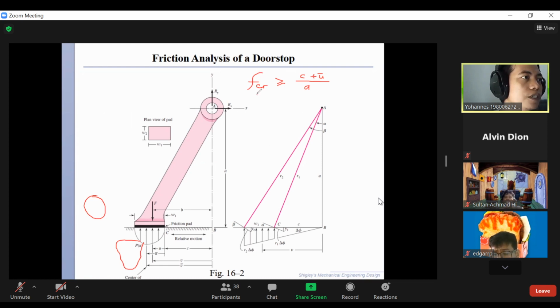It means that if we already decide the component for the friction pad, and we already test the coefficient of friction of this pad, then we can modify the geometry following this rule. We want to make sure that this distance times this distance, meaning the location of the center of pressure, over the length of the arm here, will not exceed the critical frictional coefficient.